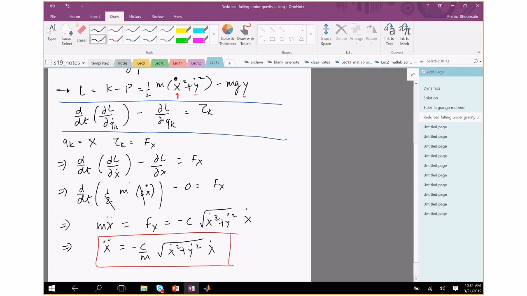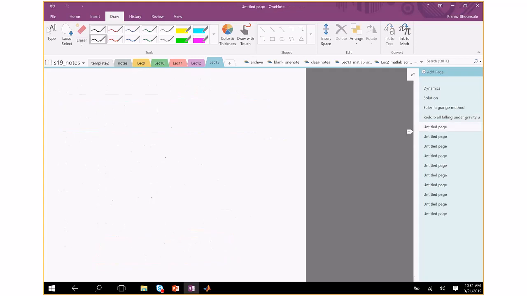Okay, let's do the same thing with the y degree of freedom. We'll put q_k equals y.